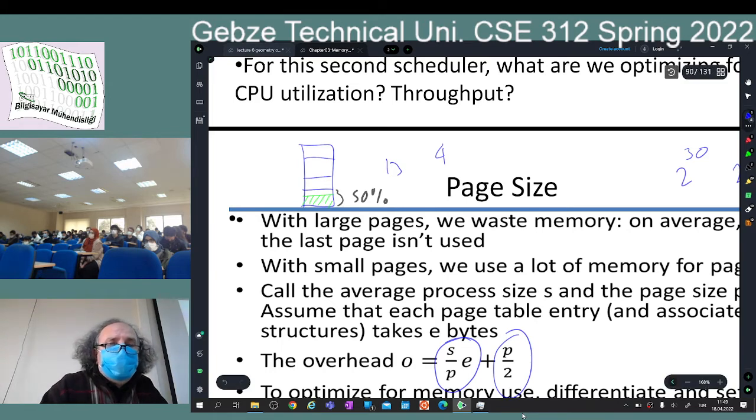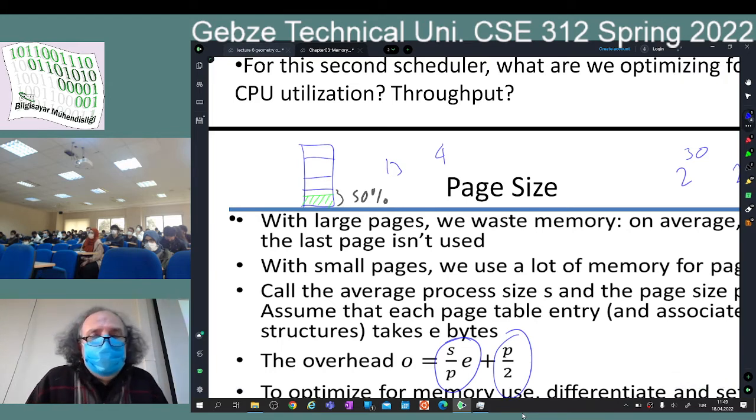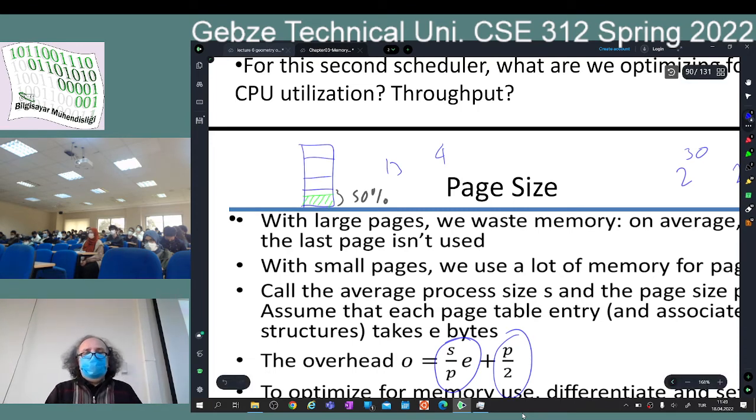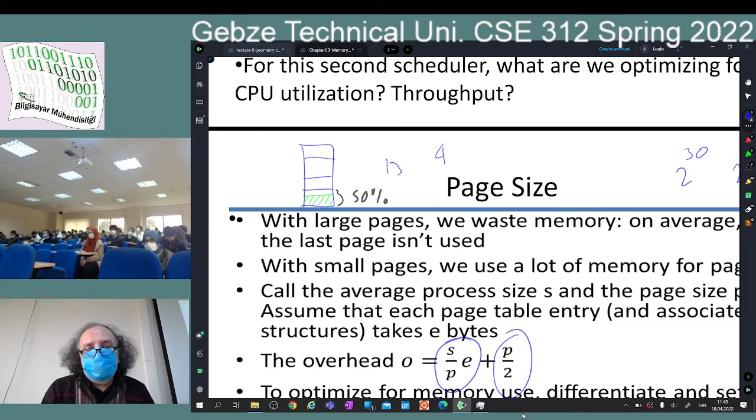So that's the overhead of using paging for a single process: process size over P times E plus P over 2.